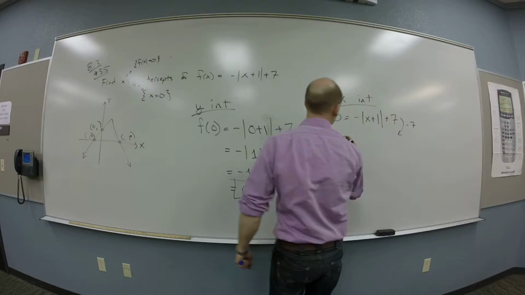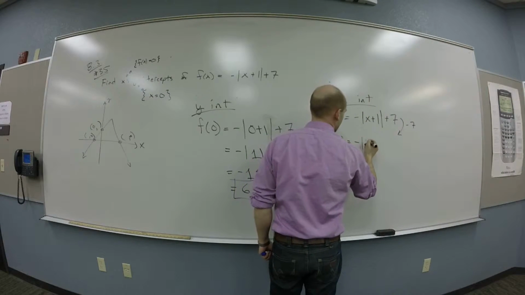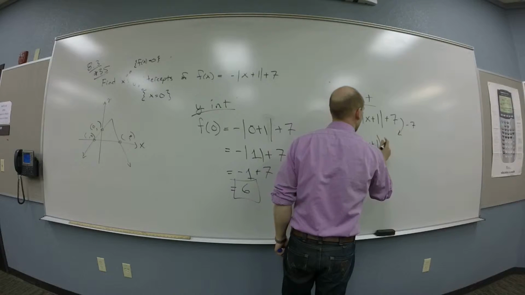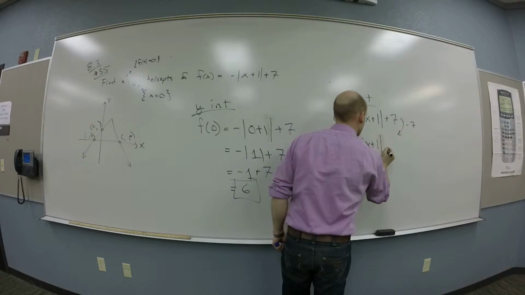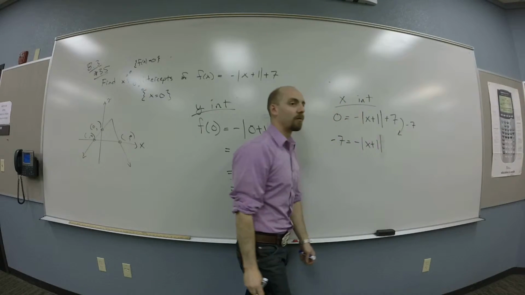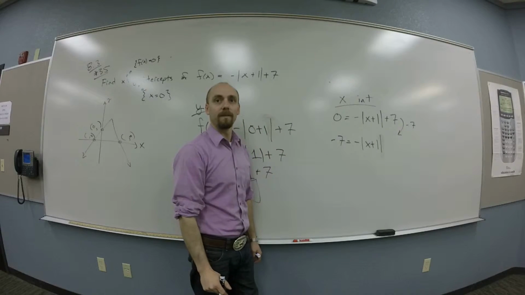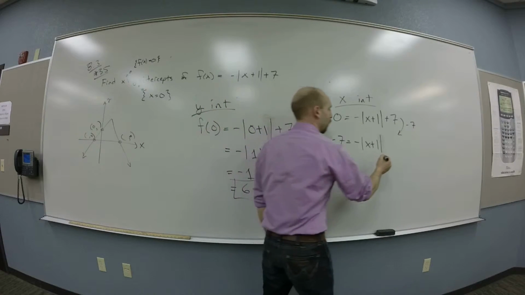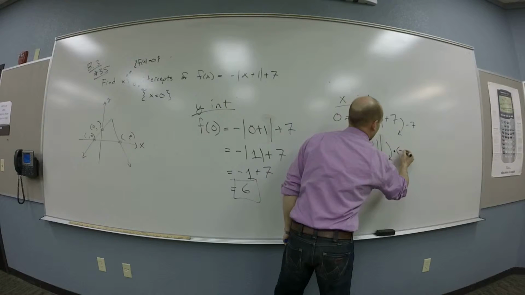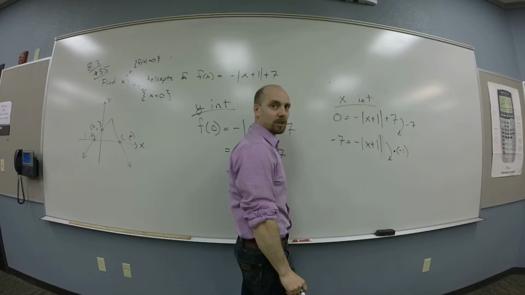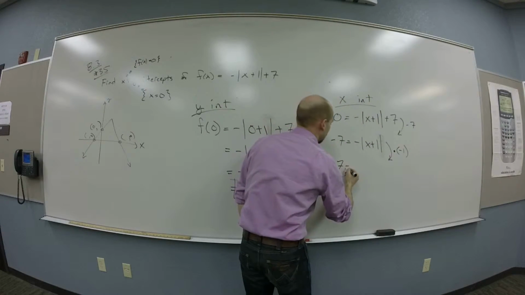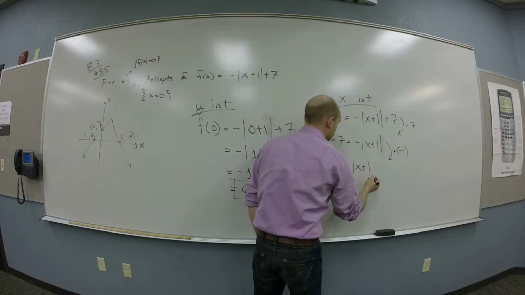So I've got minus 7 is minus the absolute value of x plus 1. Then what? Yeah, I can multiply by negative 1. Right, flip the signs on both sides. So I got 7 is the absolute value of x plus 1.